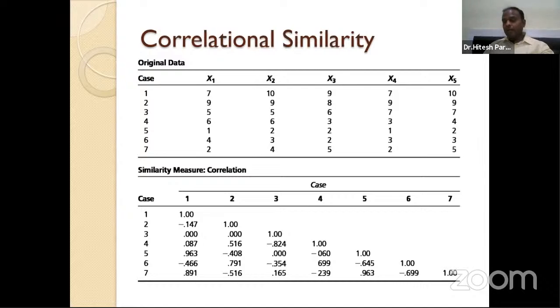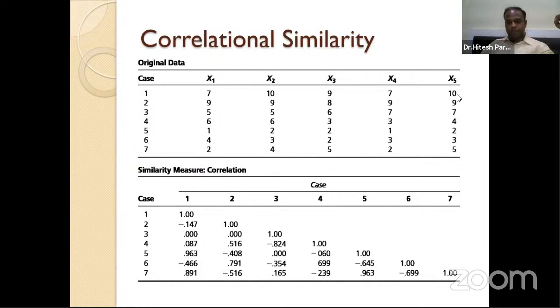In fact, 5 and 7 are also near, and the correlation between 5 and 7 is 0.96. But between 1 and 2, again, it is negative. Between 2 and 3, again, it is 0.00. Between 1 and 4, again, it is 0.087.